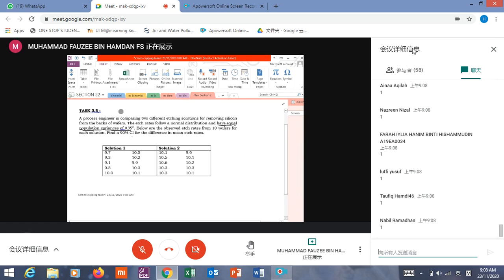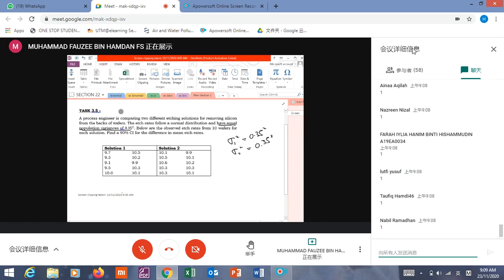That means we know the value of the variance. Even though this case has an equal variance, the variance for sample number 1 is equal to 0.35 squared, and the variance for number 2 is also 0.35 squared. It's given. So since the value of the variance is given, it's automatically case number 1.